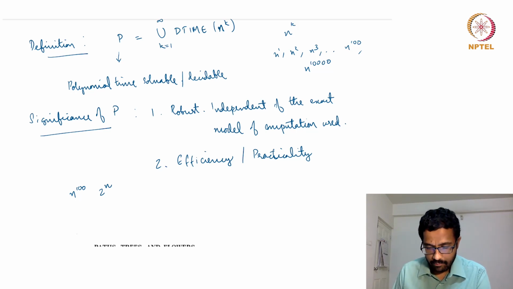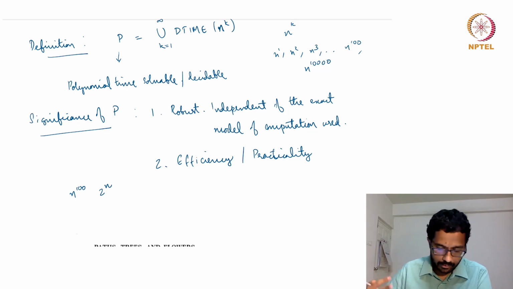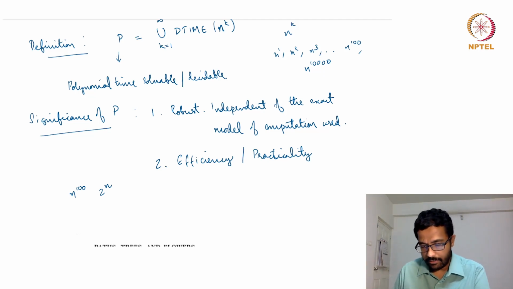But for n equal to 1000 or so, beyond a point, 2 power n becomes greater than n power 100, and after that it continues to be bigger, because it grows much faster, being exponential. So polynomial time functions are slower growing than exponential, and this is one reason why it is considered efficient.